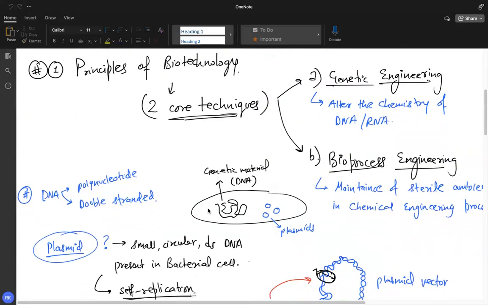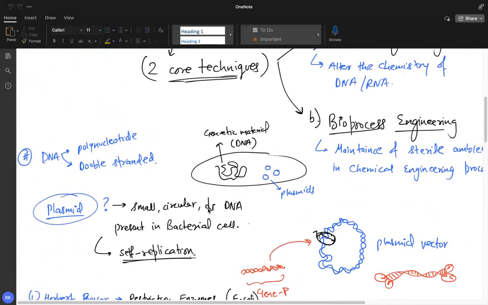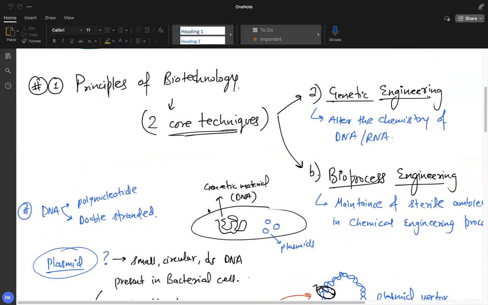So in the last class, I basically focused on the core techniques on which this whole concept of biotechnology is based. So basically, in the principles that biotechnology follows, either you make amendments or you change or you perturb the genetic material itself, in which case it is known as genetic engineering.